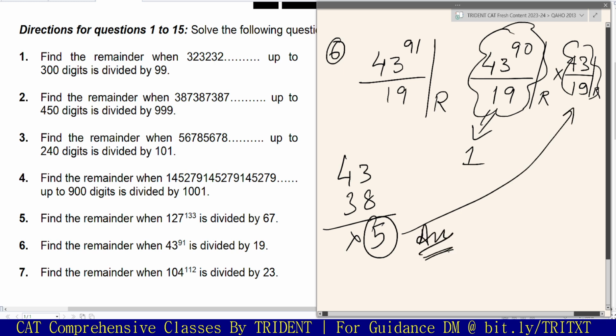See, these are not difficult questions. It's just how you see or how you modify the question type. If you are hell-bent on using Fermat's little theorem, then you will have to remember the idea that every time you have to check for one less than the denominator.